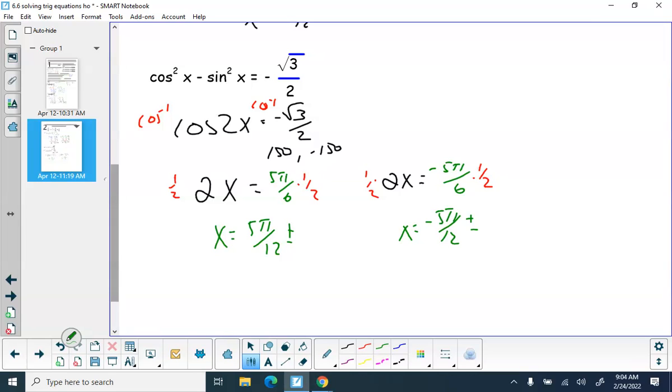Now our b value has turned to 2, so the period is 2 pi divided by our b value, which is 2. So the period would just be pi. So we have plus or minus pi n.